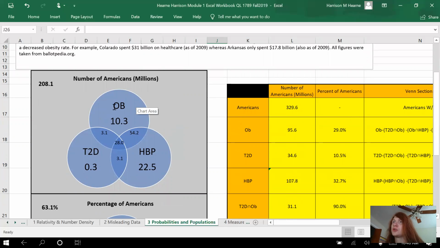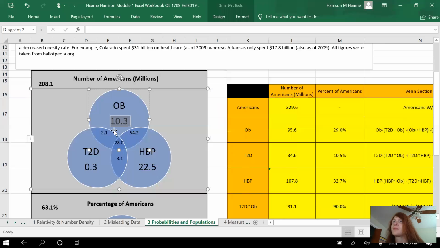And as you can see, if we go to obesity, we have 10.3 million Americans who have obesity, but they do not have type 2 diabetes or high blood pressure. Because if they had type 2 diabetes and obesity, they would be in this section here. If they had obesity and high blood pressure, they would be in this section here. And if they had all 3, they would be in this section here.